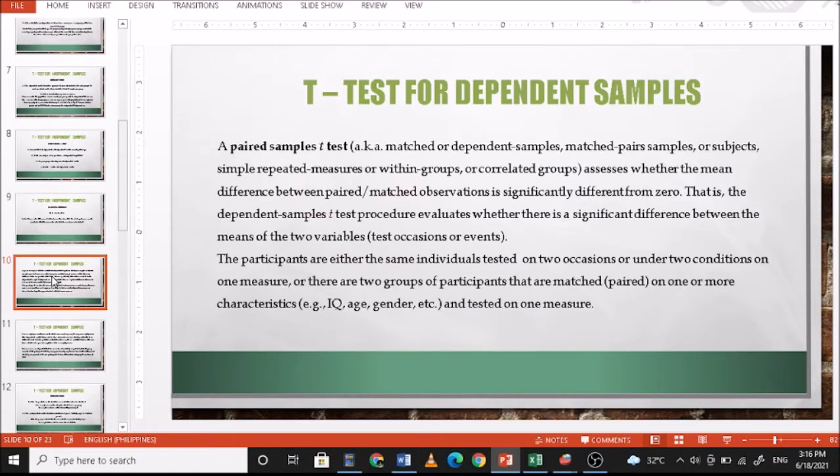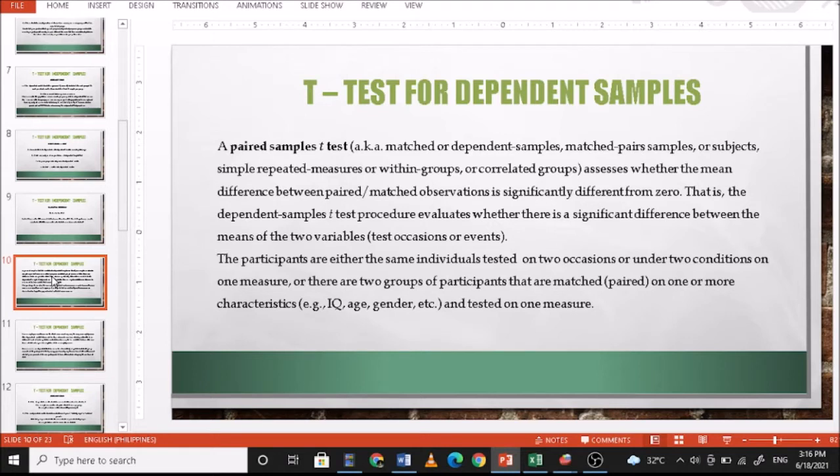A paired samples t-test, also known as matched or dependent samples, matched pair samples or subjects, simple repeated measures, within groups or related groups, assesses whether the mean difference between paired or matched observations is significantly different from 0.